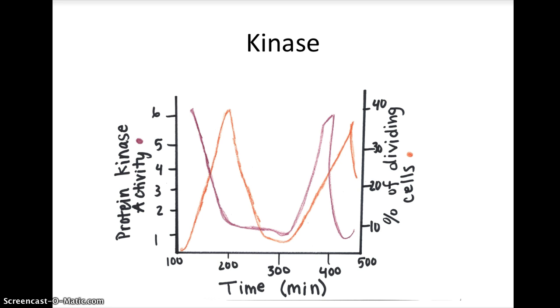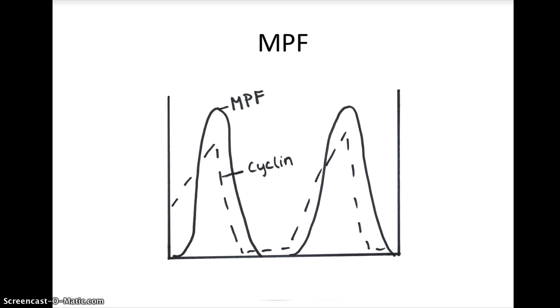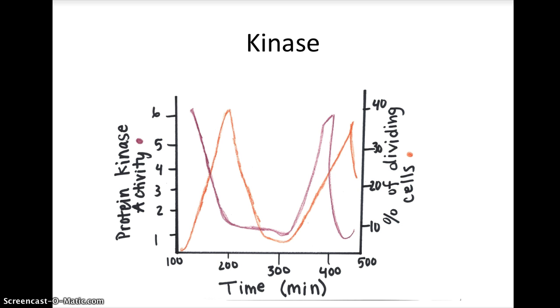Many of the kinases that drive the cell cycle are constantly present but are inactive most times. Here you can see how when the kinase activity is low, the number of dividing cells goes up. In order for the kinases to be activated, they must be attached to a cyclin, another protein. Because they must be attached to a cyclin to be activated, the protein kinases are known as the cyclin-dependent kinases.